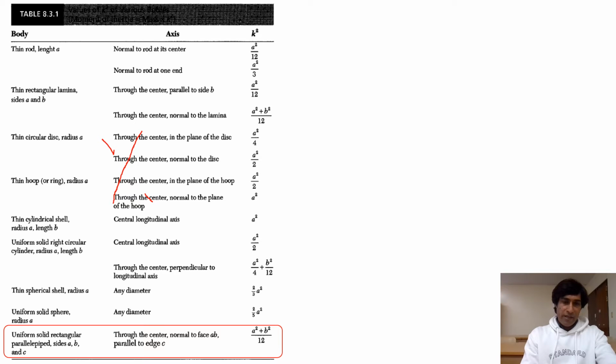In our case, you can see this rectangle with the red border, and here we will use the value of k square, which is a square plus b square divided by 12, because our case is also a rectangular case, and its dimensions are different from the dimensions mentioned here, but still we can use these values. So we have to find the moments of inertia I1, I2, I3.